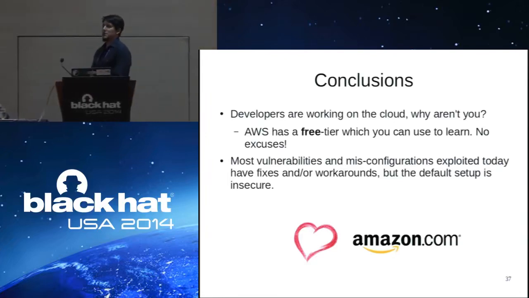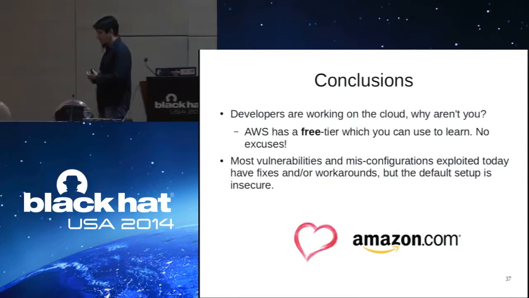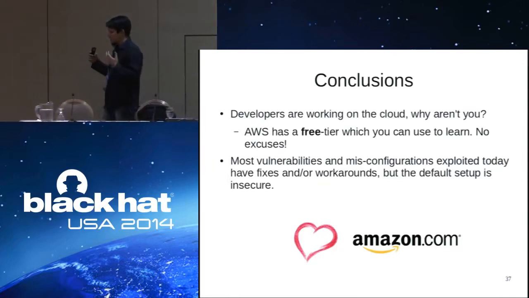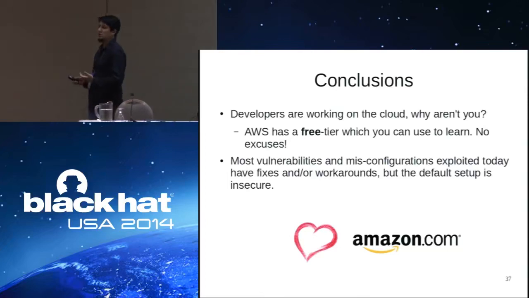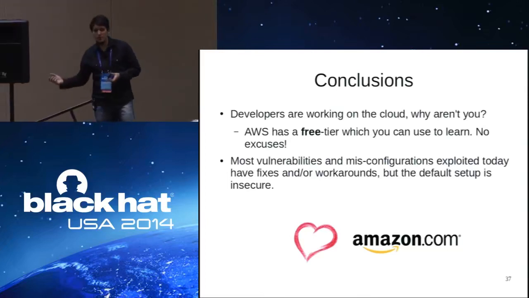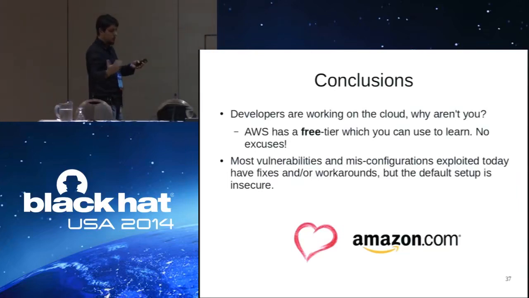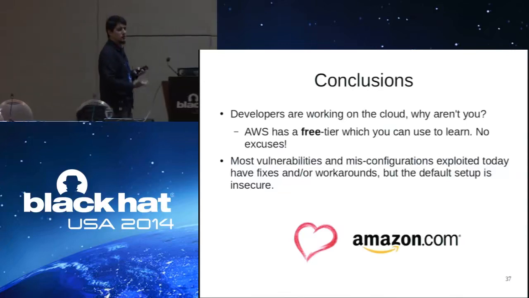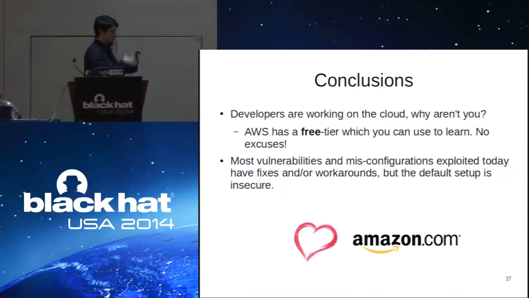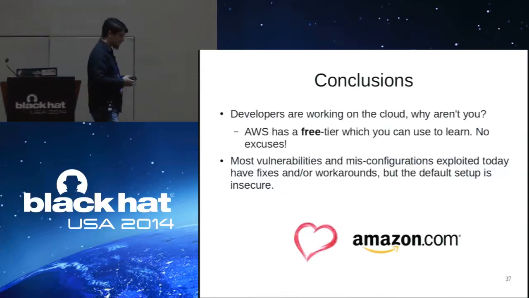If you're interested in security, if you're somehow in charge of the security of those applications, you need to know all this. The developers are leading the way, and we need to help them secure the Amazon architecture that they use.